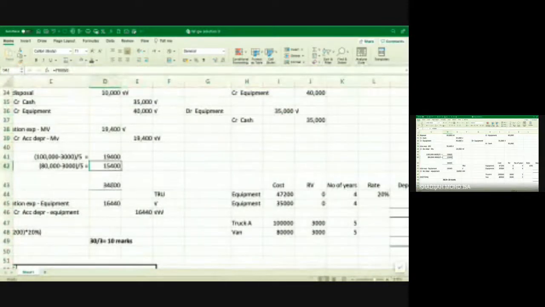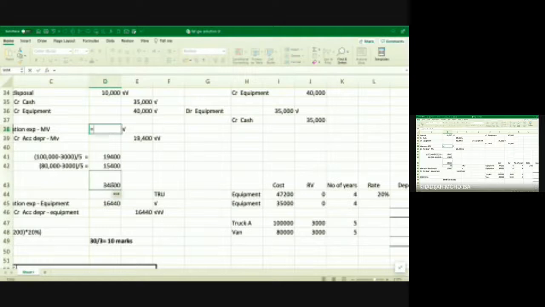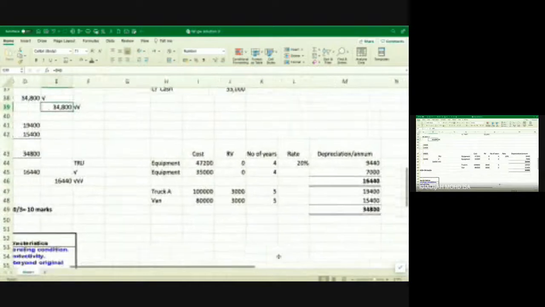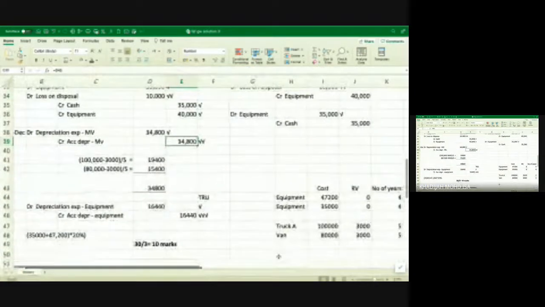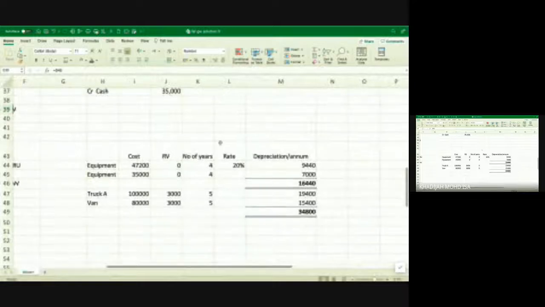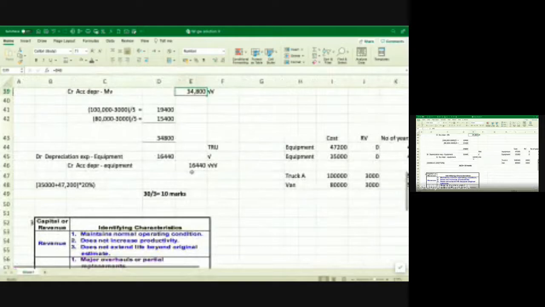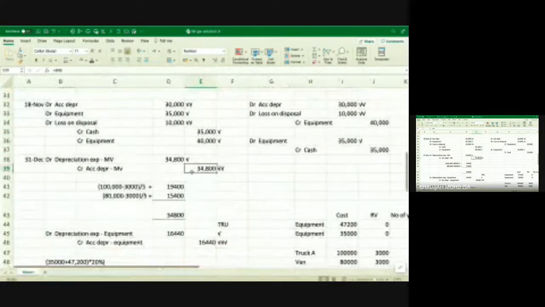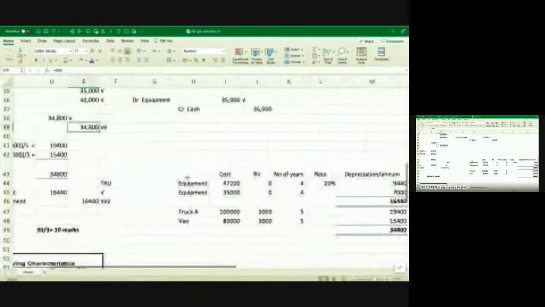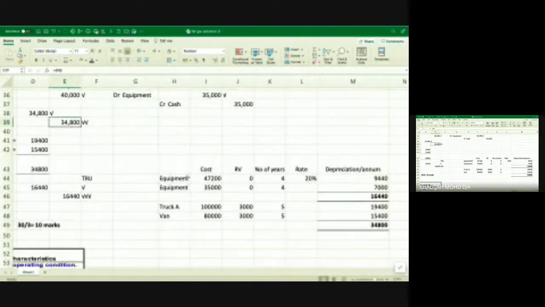So here it should be 34,800. And here is also 34,800. Okay. I'm sorry that is a bit confusing, because I think that you have to show individually the computation so that you don't get confused. I'm sorry if I make you more confused, but yeah, that's my best. I think it's better to see it like that.